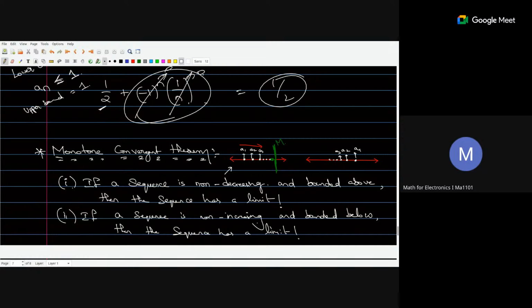And if it is a non-increasing sequence as well as bounded below. Bounded below means, again, there is a small m, where none of my sequence terms will go below that term. So again it's in the opposite direction of what we just discussed.